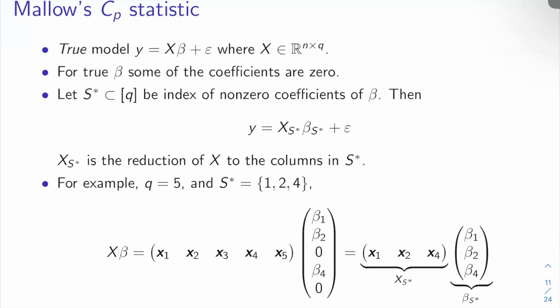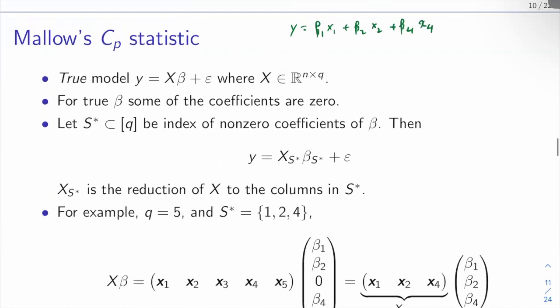Let's say y is beta 1 x1 plus beta 2 x2 plus beta 4 x4, and then plus epsilon. But I have, let's say, 5 variables. So I can write this model as a submodel of this more general model, as we've seen before: x1, x2, x3, x4, x5, with beta 1, beta 2, 0, beta 4, 0.